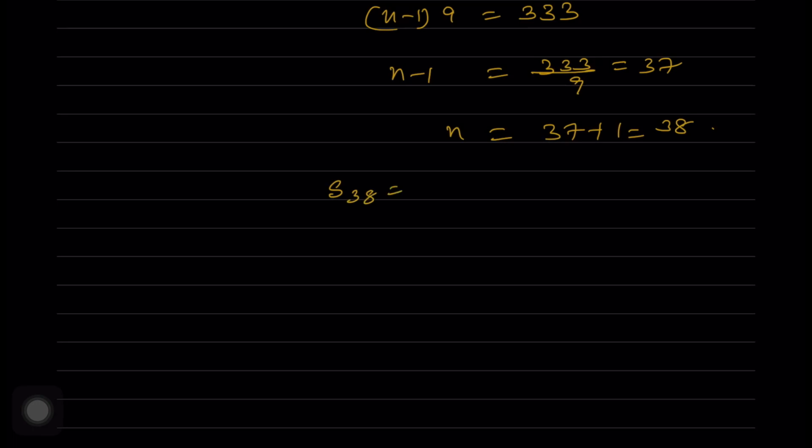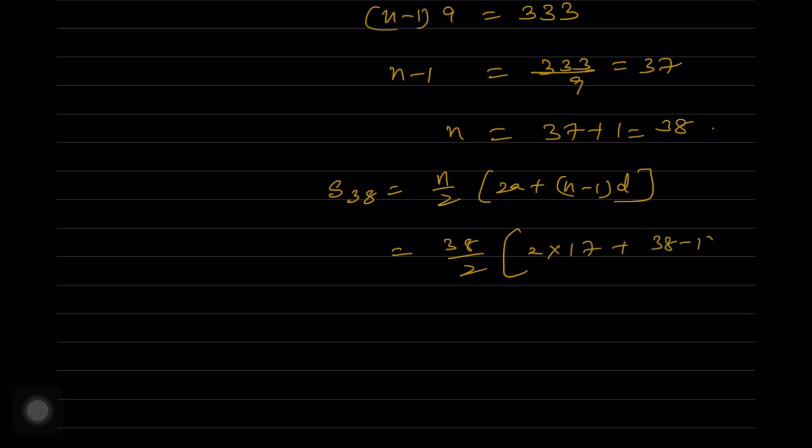So therefore S38 is equal to n by 2 into 2a plus n minus 1 into d, which is equal to 38 by 2 into 2 into 17 plus 38 minus 1 into 9.